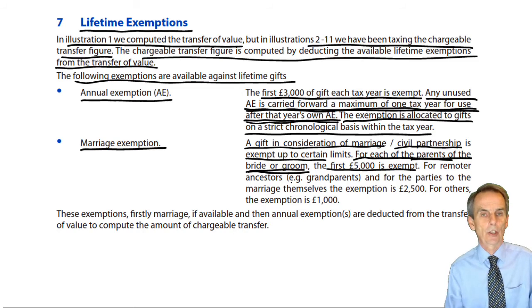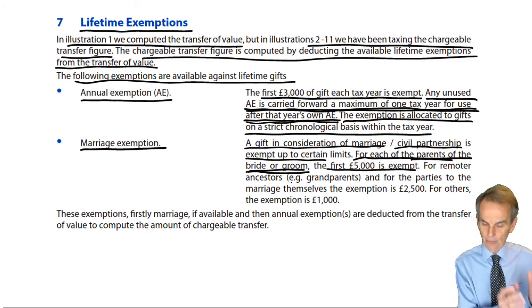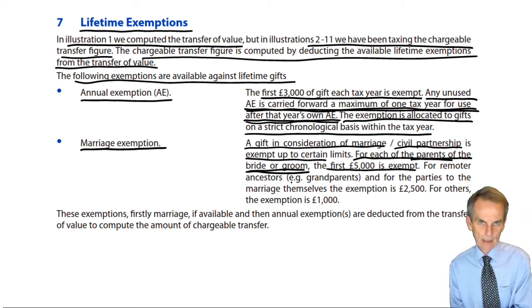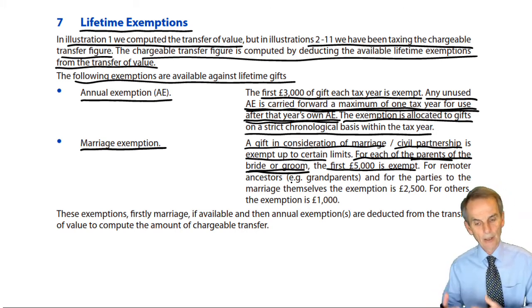If, of course, the transfer had been £10,000 made by this individual to their son or daughter on the occasion of their marriage or civil partnership, then we would be talking in terms of, firstly, the £5,000 marriage, followed by the £3,000 annual, £8,000 in total away from 10, leaving a chargeable transfer of 2.